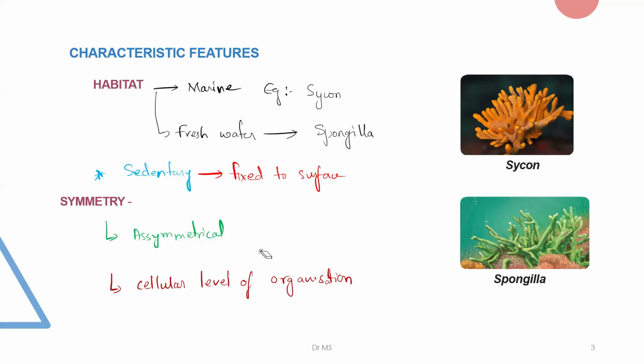Coming to the symmetry, these are asymmetrical organisms, that means their body cannot be cut into two equal halves through any plane. What do you mean by cellular level of organization?